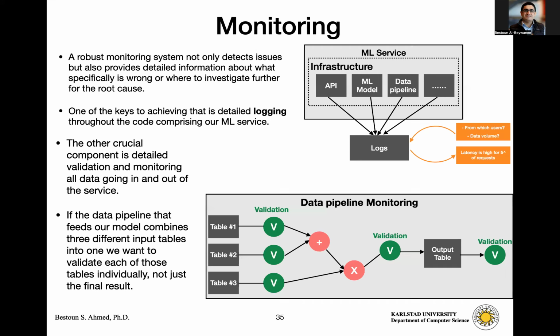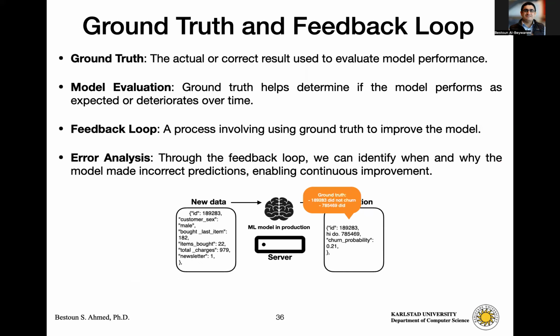So you have to validate each table individually, and you have to validate when you ingest and combine these tables together. And then you have to validate the whole process and so on. So it's kind of complicated when you want to monitor the whole pipeline of the data.